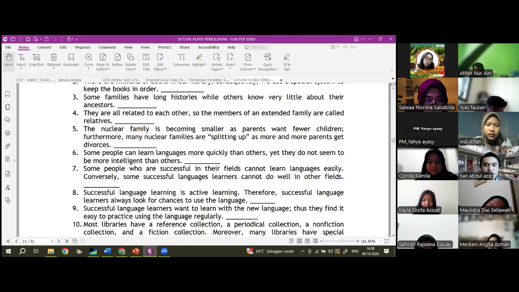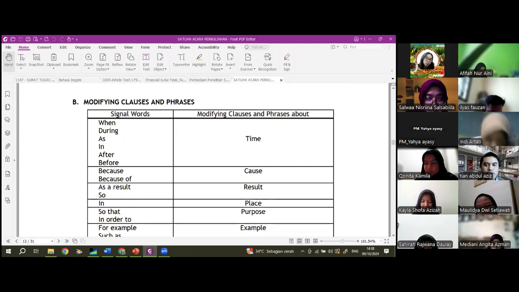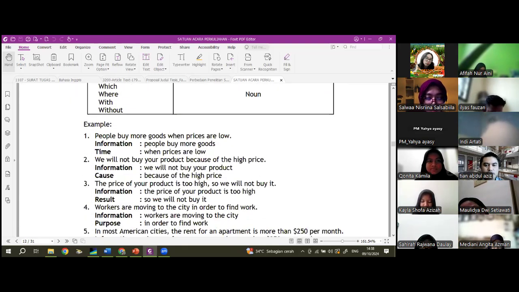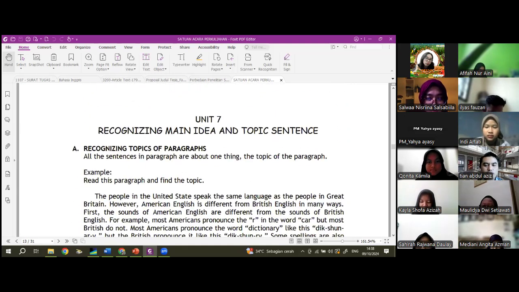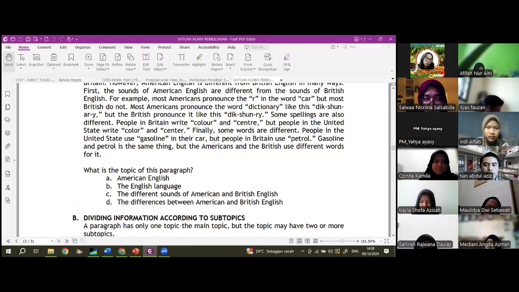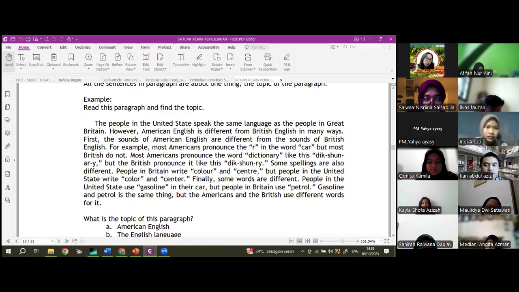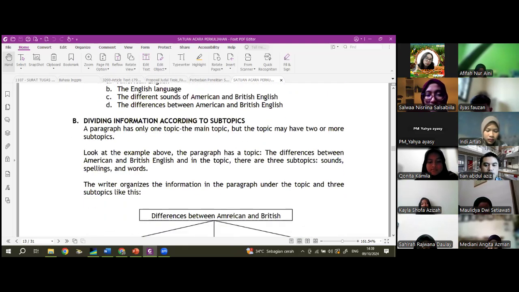There is an exercise on modifying clauses and phrases. And for the seventh unit, it's about recognizing main idea and topic sentence. I'll give you an exercise, one topic, and you are going to recognize the main idea and the topic sentence.